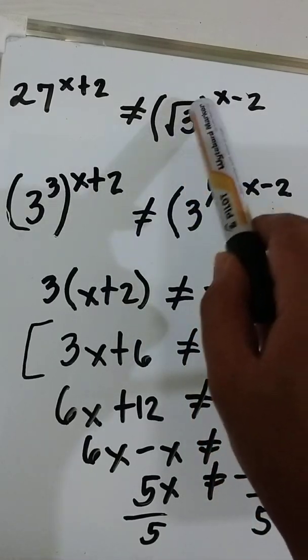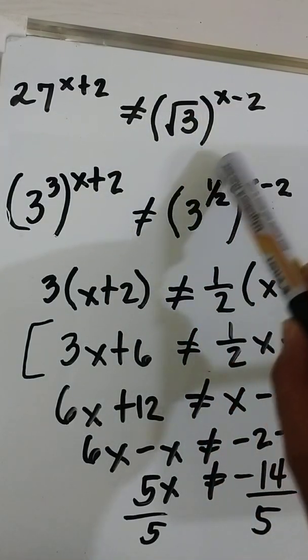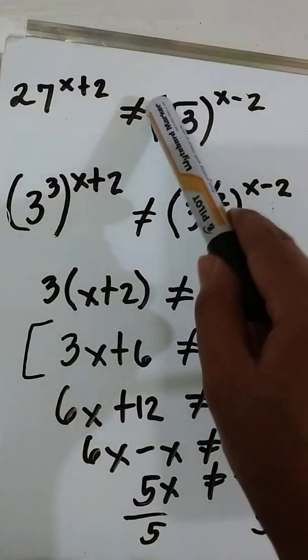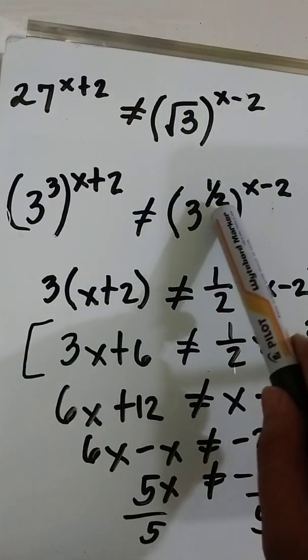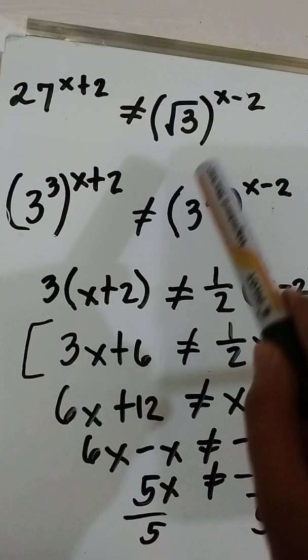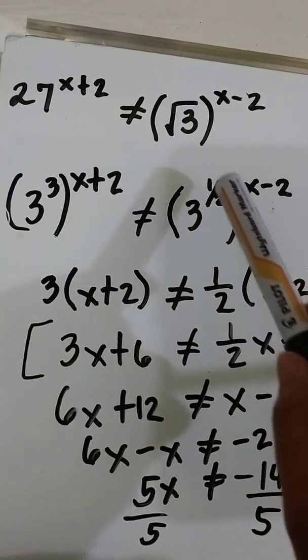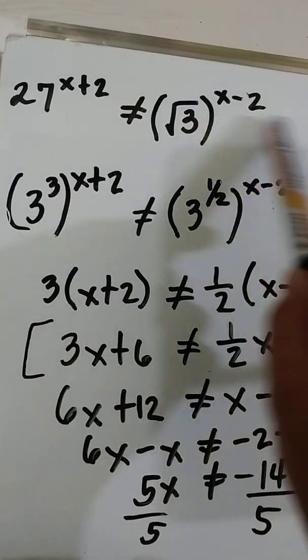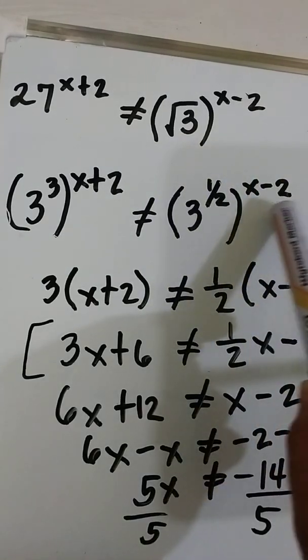The exponent of 3 is 1, that's why here we have 1 on the numerator of the exponent. And the index is 2 because of the square root. That's why we have 1 half as the exponent of 3. Then with its exponent, x minus 2.